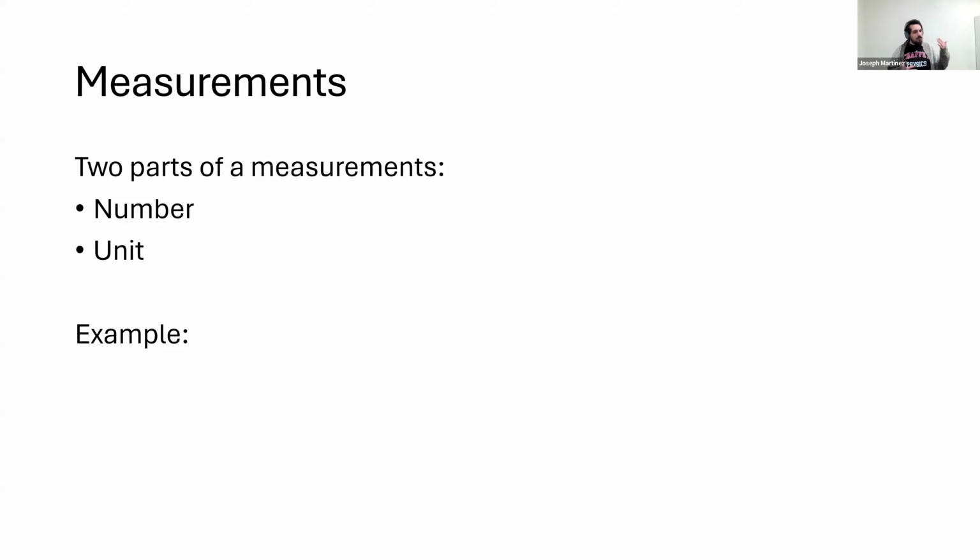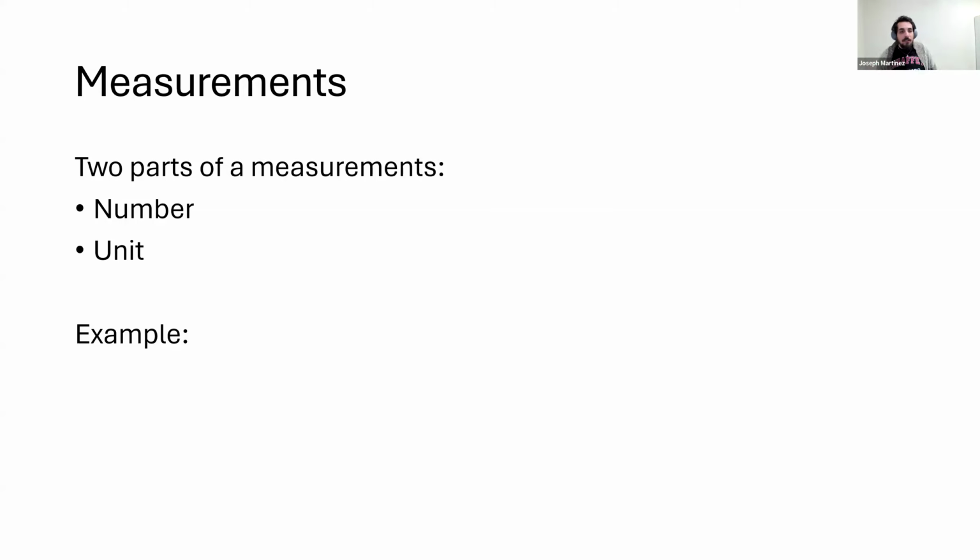There are two different ways to look at it, just like with length, you can look at it in feet or in inches. These are two different measurements that might represent the same thing.